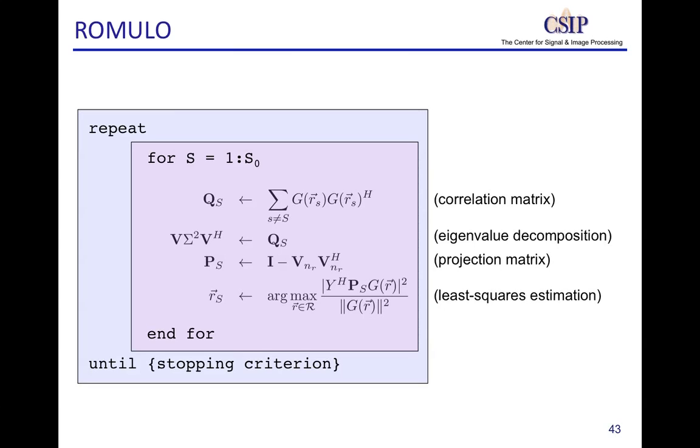Then we take this correlation matrix Q of S and we take its eigenvalue decomposition. We take the N R largest eigenvalues, eigenvectors corresponding to the largest eigenvalues. And we map this into this projection matrix, and then we perform least squares estimation to estimate our new source estimate, and we iterate through this repeatedly.